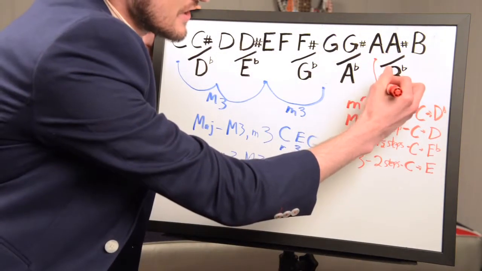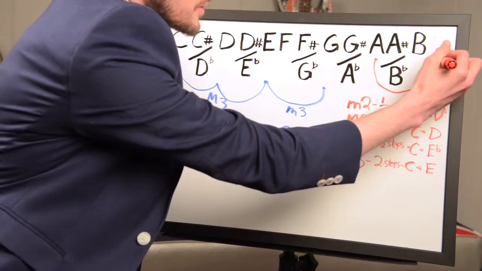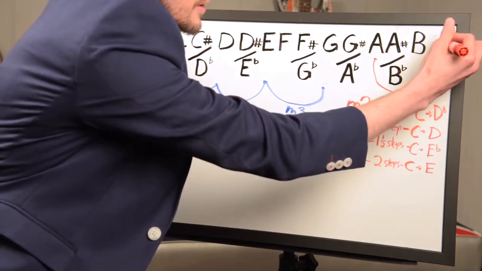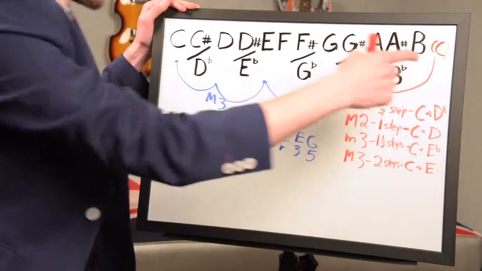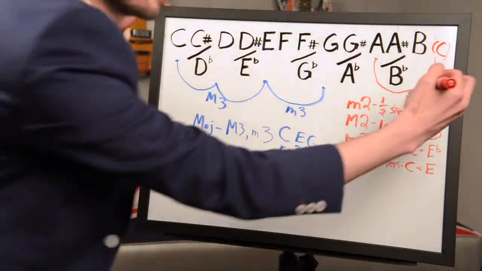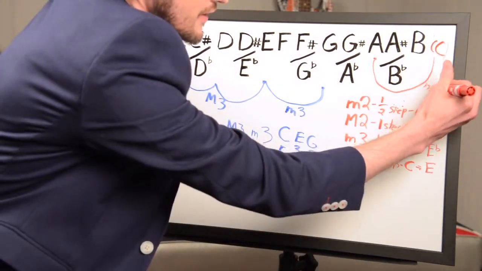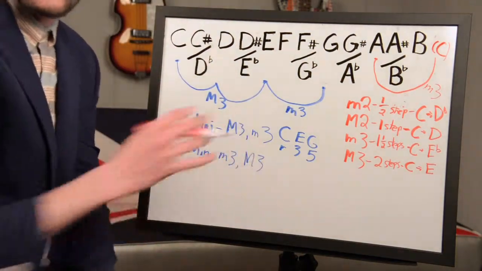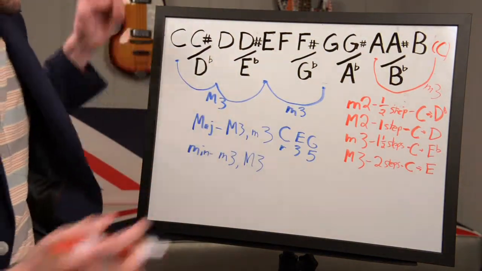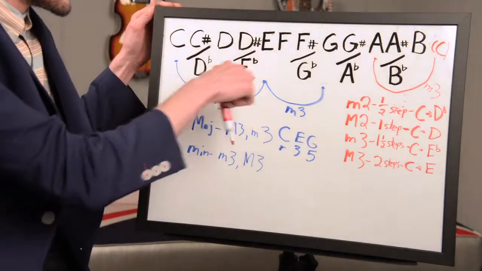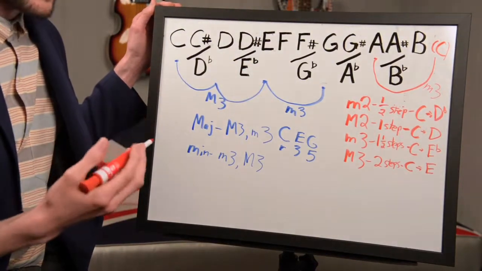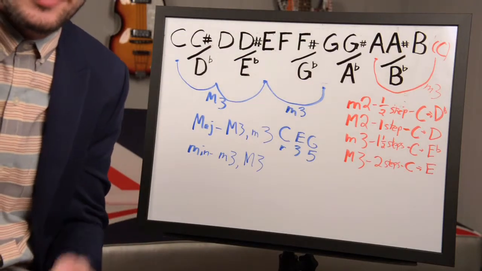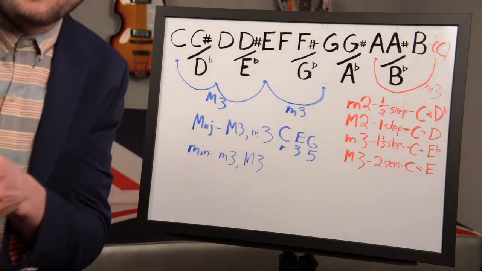Step would bring us to B, and we go all the way up to a C. So I'm just going to put C in parentheses over here, just to remind us that that's where it is. So A to C is our minor third. Now from C, we want to go up a major third, which we already have. C to E is a major third. So A, C, E is our A minor chord, our root, our third and our fifth.